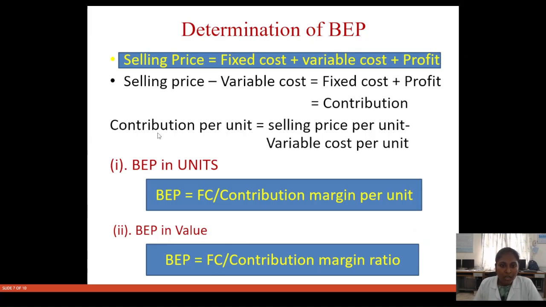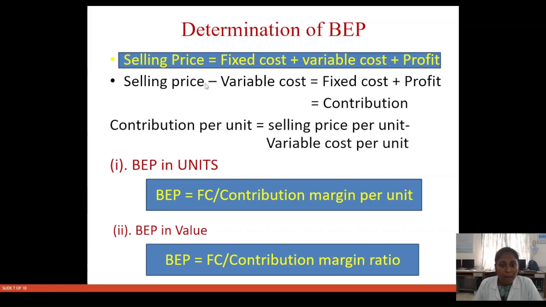And these are the formulas. The first is that the selling price can be determined with the help of the costs and profit. That is, the addition of fixed cost plus variable cost plus profit will give you the selling price. And the addition of fixed cost plus variable cost alone will give you the total cost, TC.